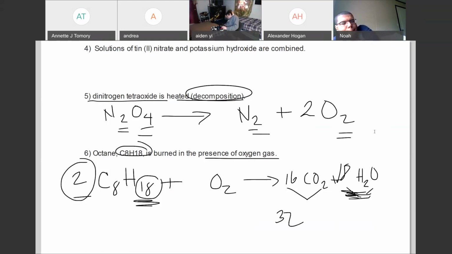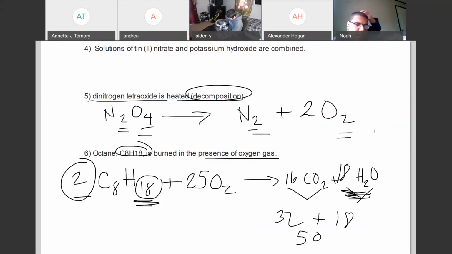How many oxygens do I have with the water? 18. So what is that going to add up to be? 50. So what's 50 divided by 2? 25. So we put 25 in front of O2.